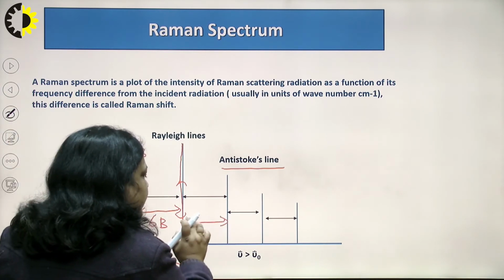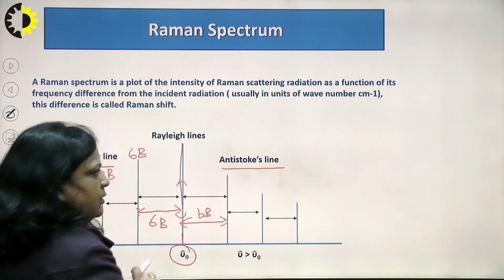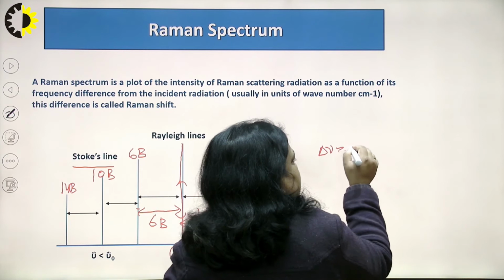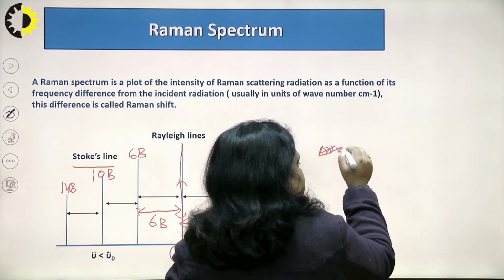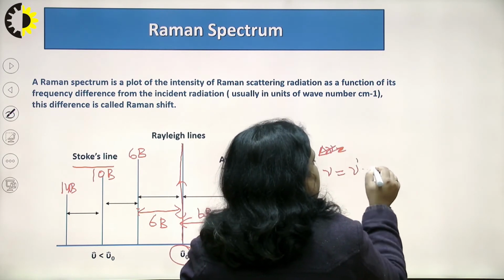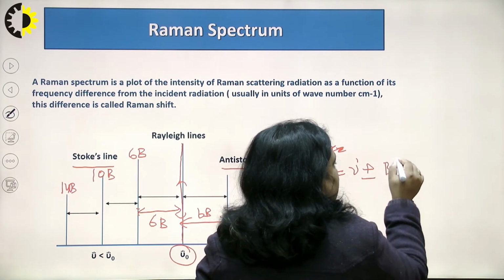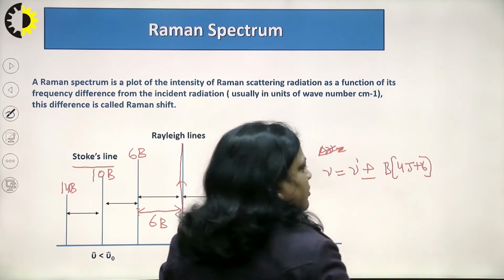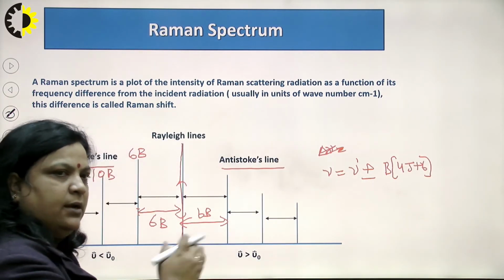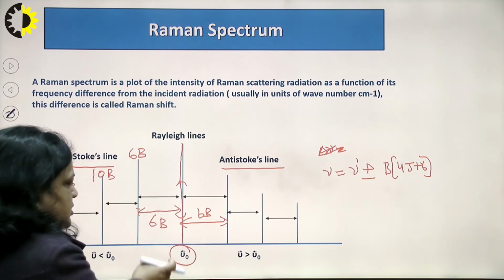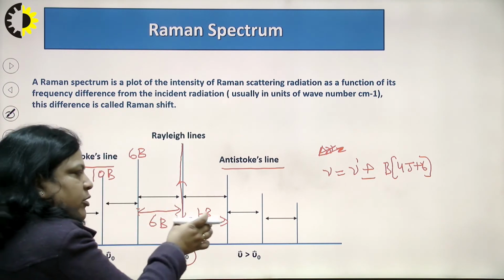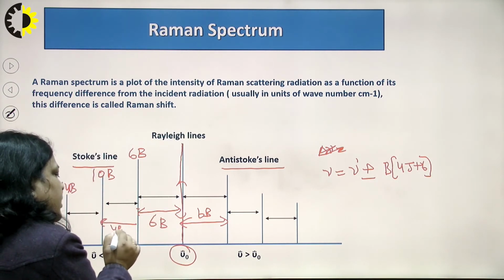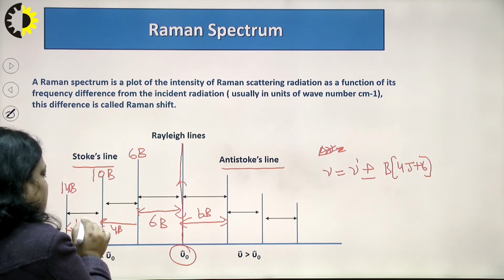The value is the same, but the sign is different, because the formula is nu is equal to nu dash plus minus B into 4J plus 6. So, we get the same value, but 6B and minus 6B, 10B and minus 10B. So, the spacing of the first Stokes or anti-Stokes line is 6B, but after this it becomes 4B. Now, it comes 4B, 4B like this.